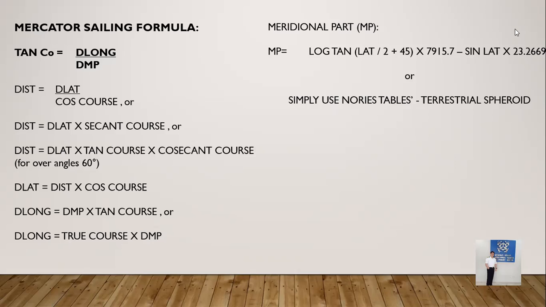Remember this one. And always use the mathematical order of solving this: please, excuse my dear Aunt Sally. What does that mean? Parentheses first, then multiplication, division, addition, and last is subtraction. PEMDAS: Parentheses, Exponents, Multiplication, Division, Addition, and Subtraction. That's how you get these meridional parts.